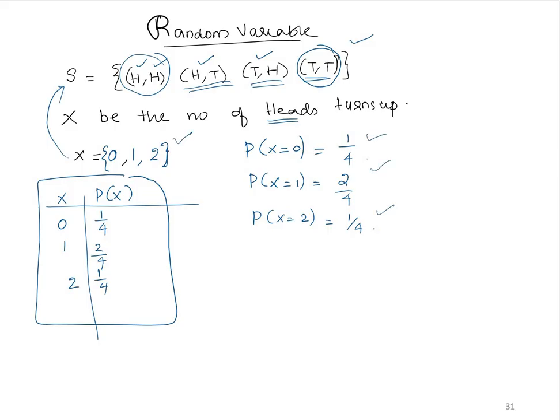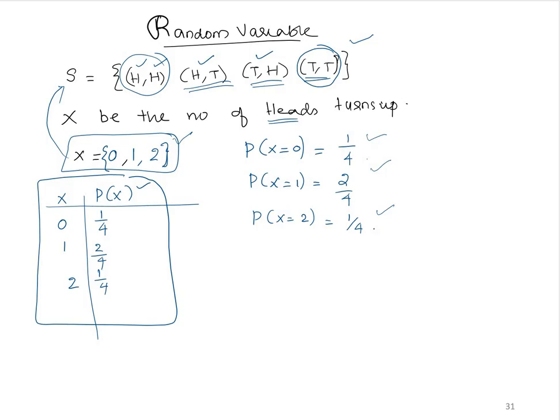If we can express the sample space and the corresponding probabilities in such a table, that table is called a probability distribution table. And this X, which can take some values, is called the random variable, and P of X is called the probability distribution of that random variable. Okay, so that is the meaning of probability distribution and random variable.